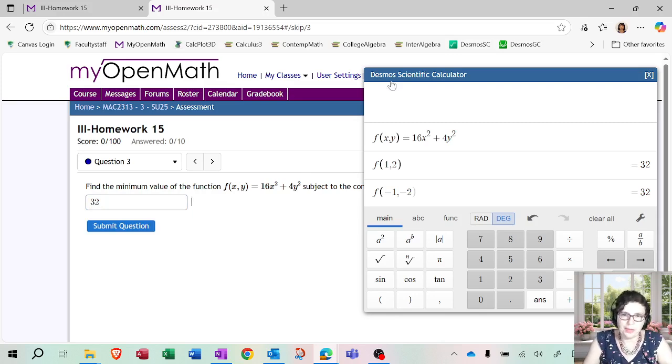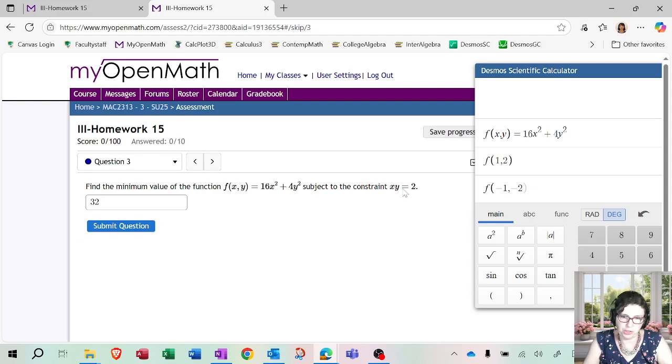If you take another point that satisfies this constraint, x times y equals 2, and plug it into the function, you will get a number larger than 32, every time, no matter what. Let's just try that. Let's take any other point other than (1, 2) so that x times y equals 2.